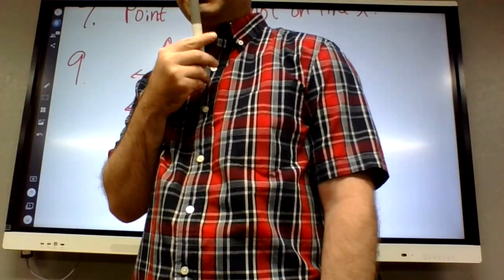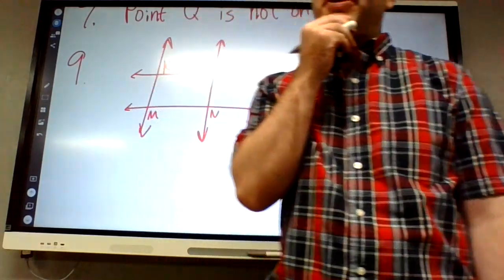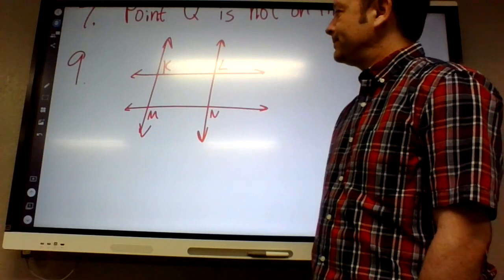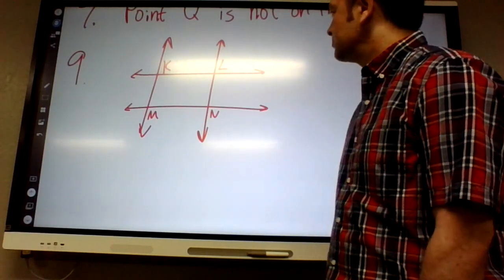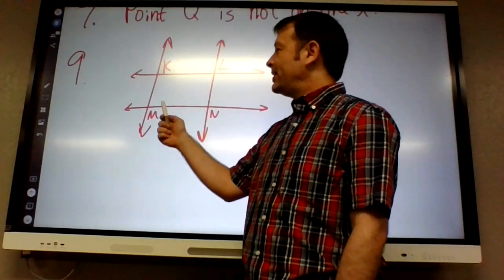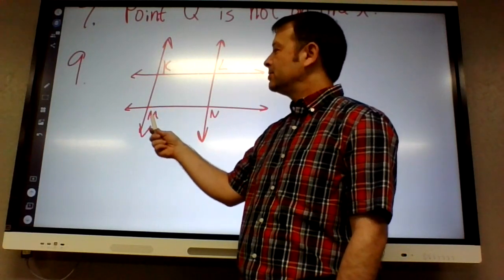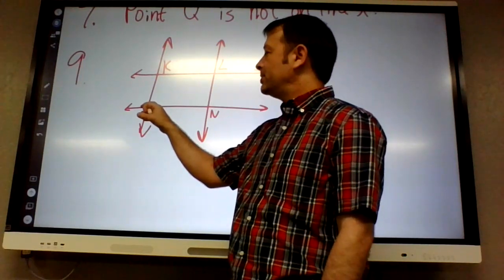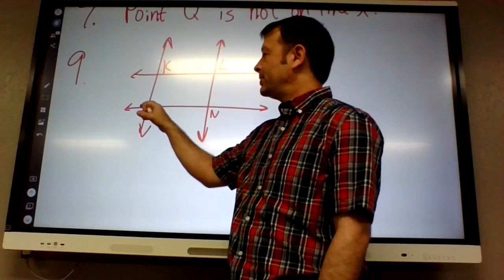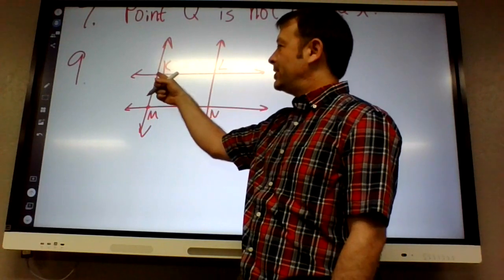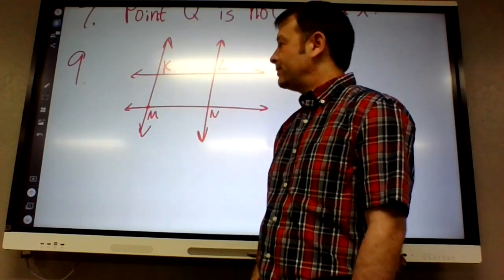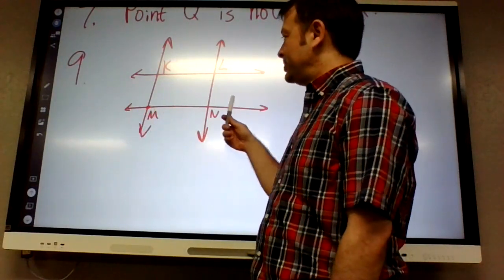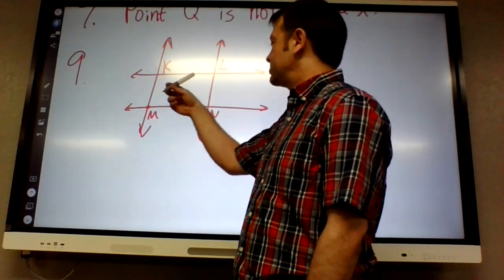Name the line that contains point K, or lines, plural, that contain point K. What lines contain point K in the picture? KM. So why can't I just say line M? Because M is not a line, it's a point. When they put a letter next to the intersection, they're talking about the point of intersection. We don't know if you mean this line or this line, so you have to use two letters.